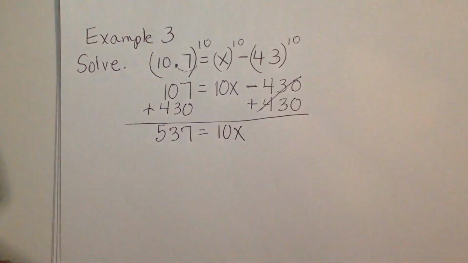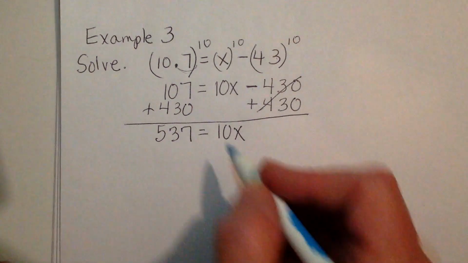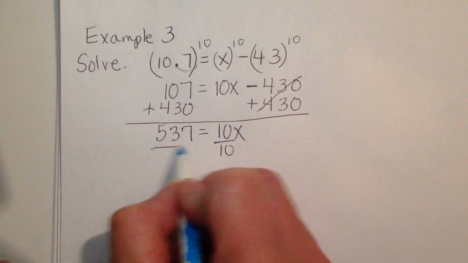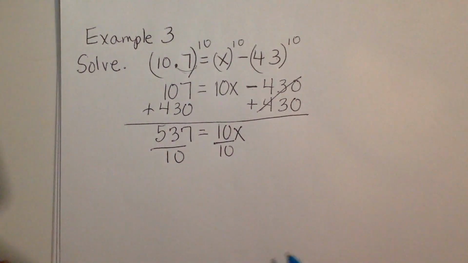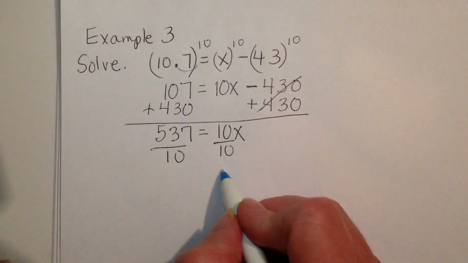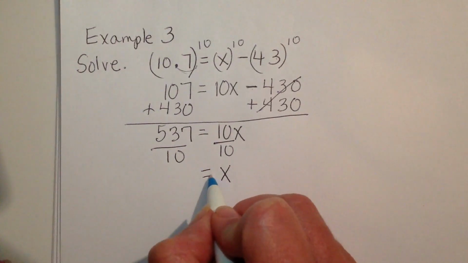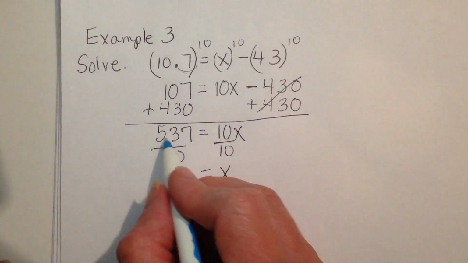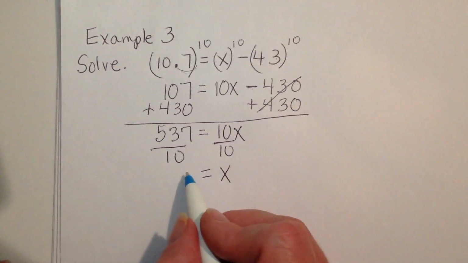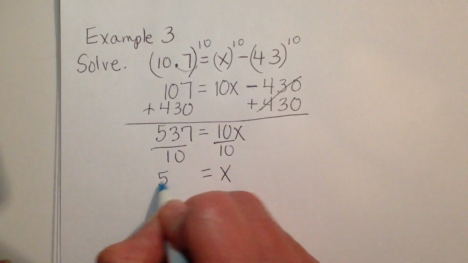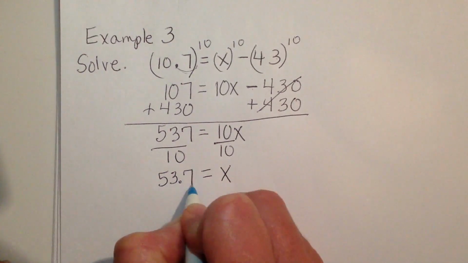These cancel. Next, divide both sides by 10. If you divide both sides by 10, x is equal to 537 divided by 10, which gives you 53.7.